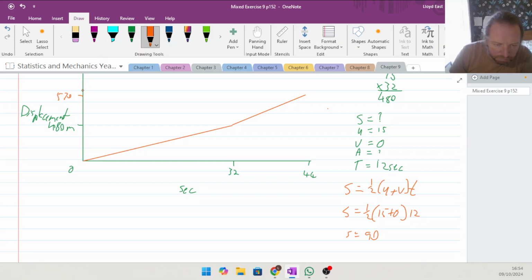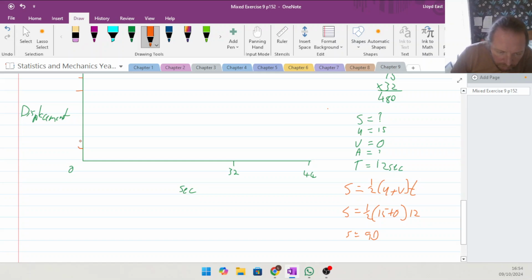Let's just change the scales around here. Let's say this one is 100, 200, 400, 600. And so 480 is about here.